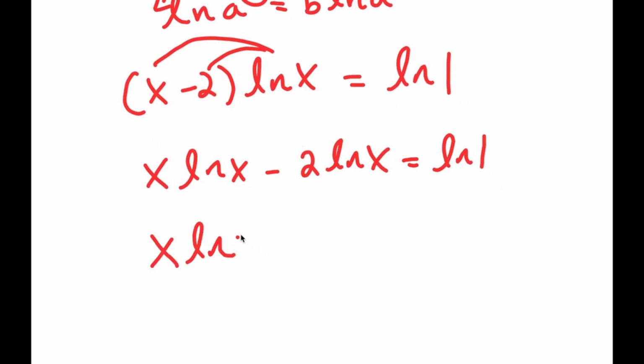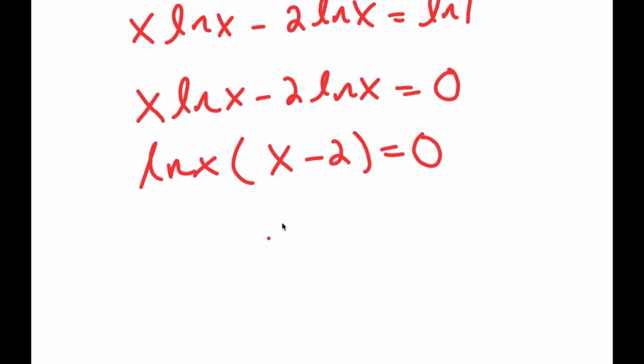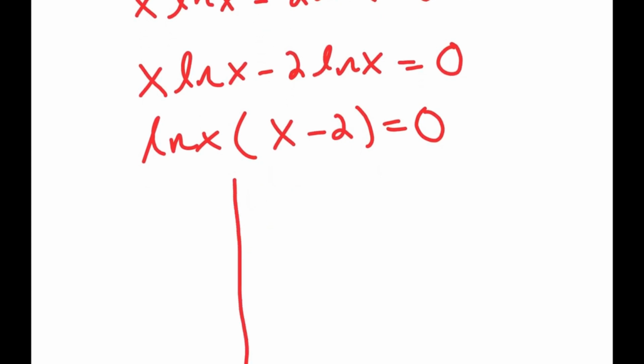So now I get x times ln x minus 2 times ln x is equal to 0. Now, I'm going to factor out ln x. So I get ln x times (x minus 2) is equal to 0. And now I get two equations: ln x is equal to 0, and x minus 2 is equal to 0.